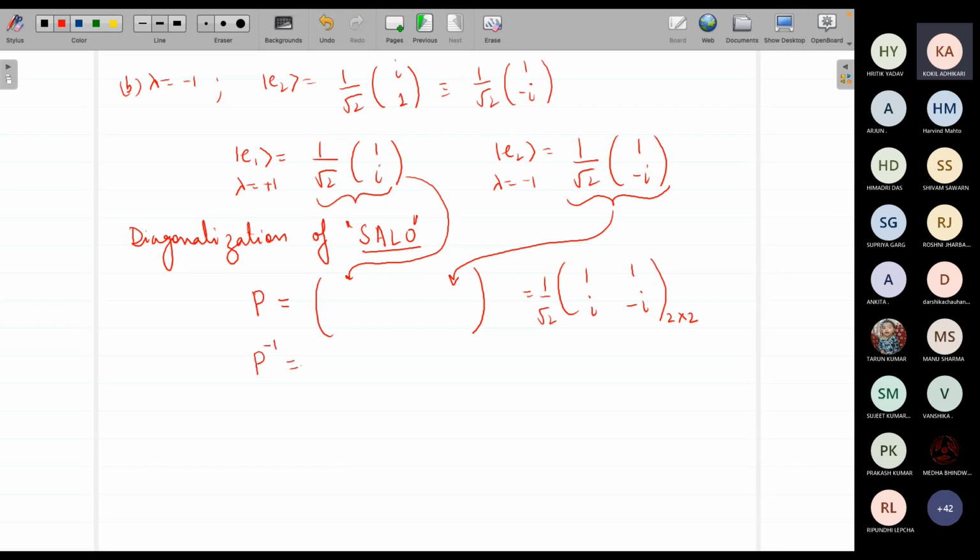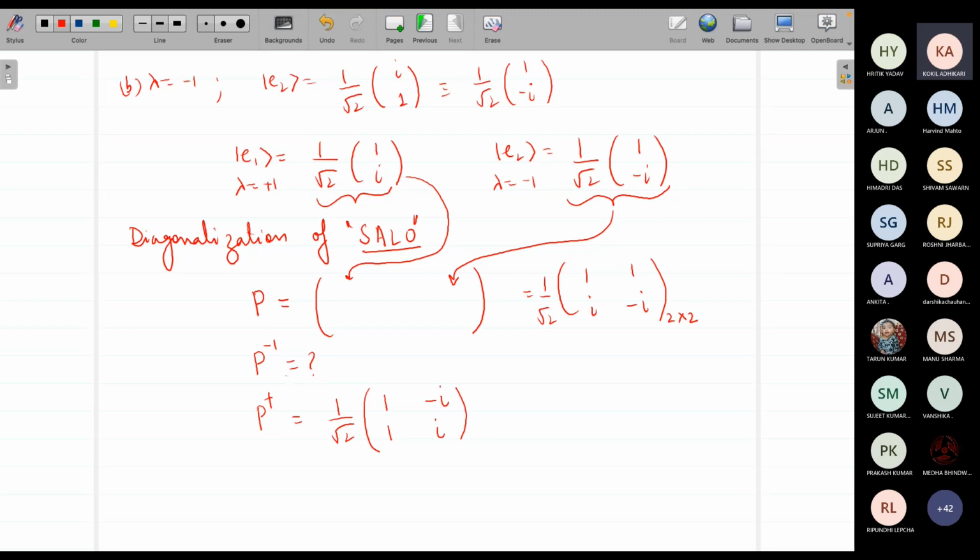I want to know P inverse and I want to know P dagger. First, P dagger. What will be P dagger? 1 over root 2, 1 minus iota, 1 minus iota, 1 iota. 1 and minus iota, iota, sorry.